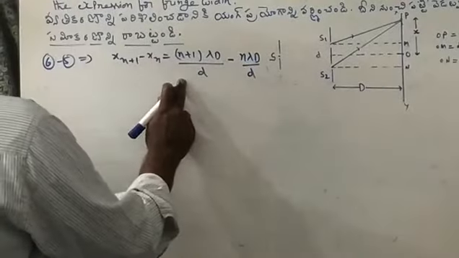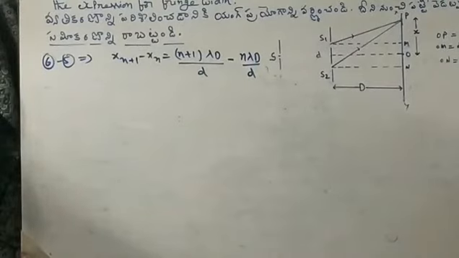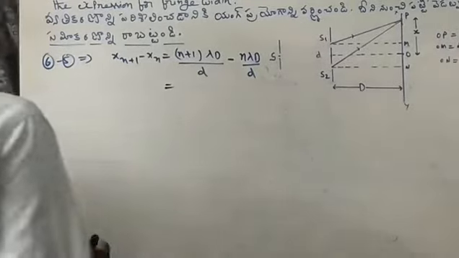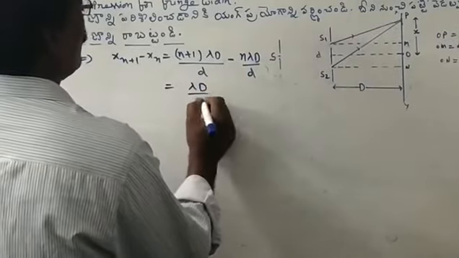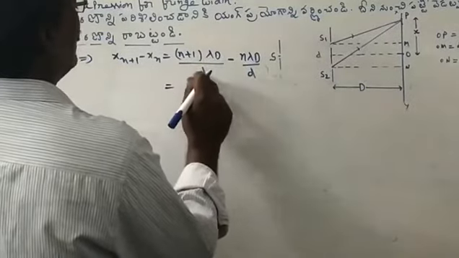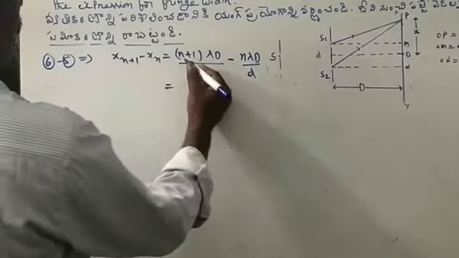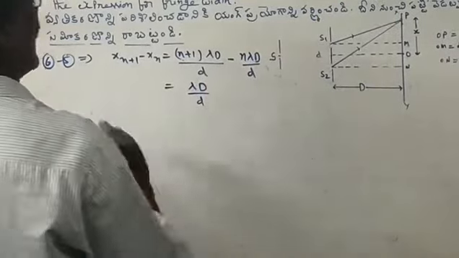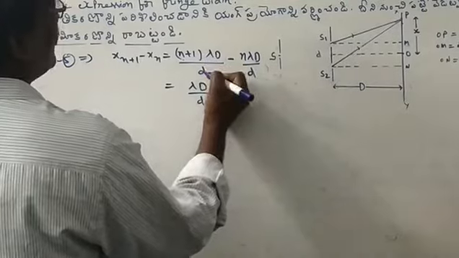This is equation number 6, and this is equation number 5. The n lambda D by d terms cancel, and the remaining part is lambda D by small d.